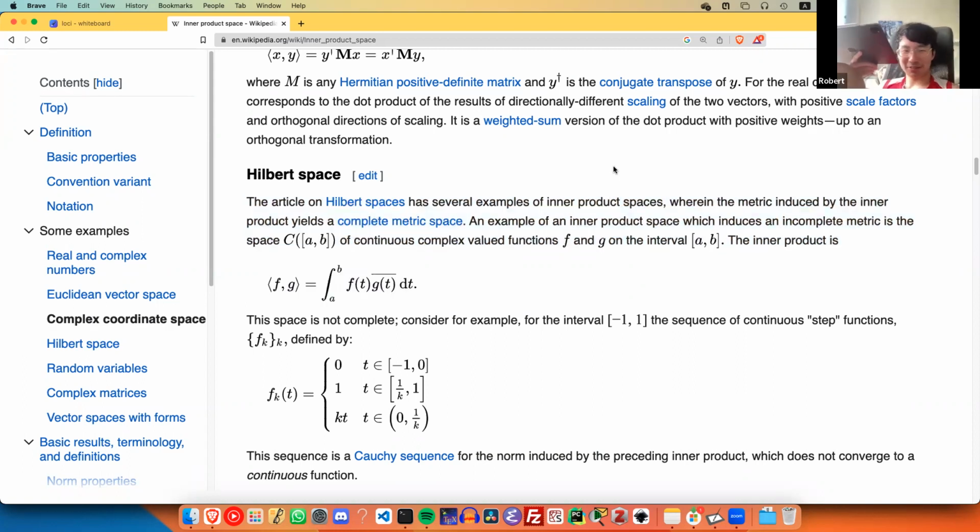And then time evolution will be seen as a unitary transformation on the Hilbert space.